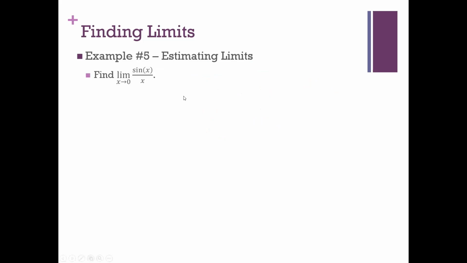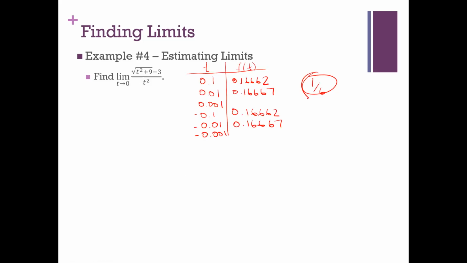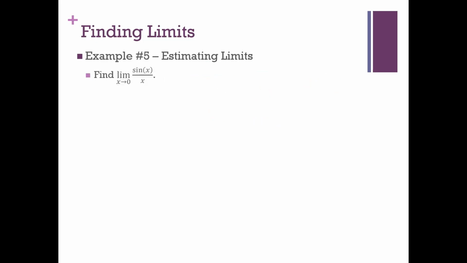How about this one? I did not ask it in the last one, but is this one defined at t equals 0? No. How about this one? Is this defined at x equals 0? No. The same kind of thing here. I'm just really going to replicate the table we just used. I think we had a 10th, a 100th, and a 1,000th.